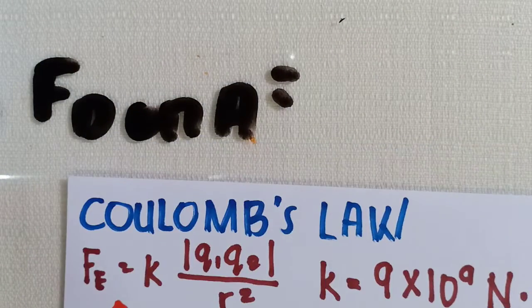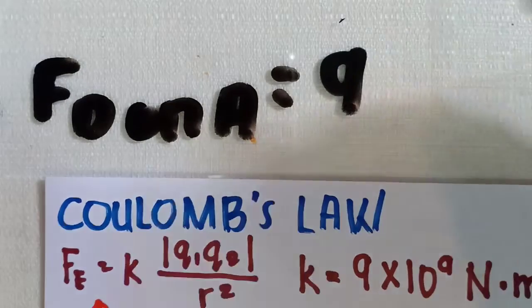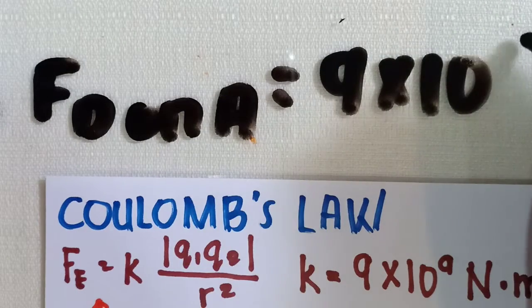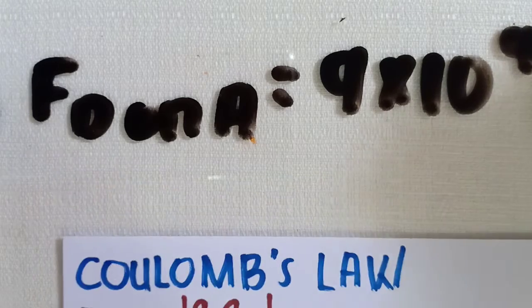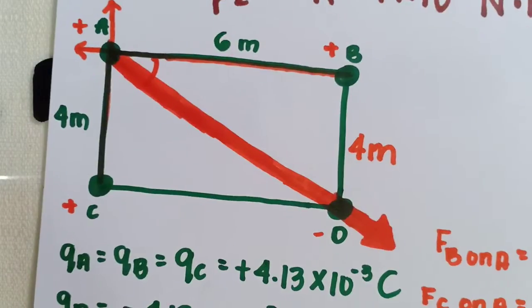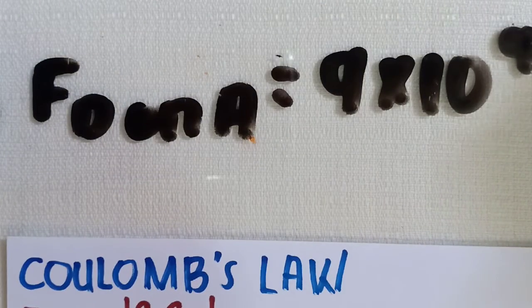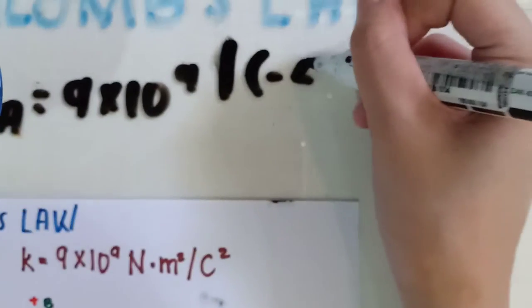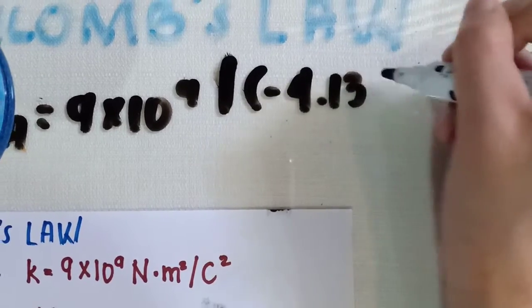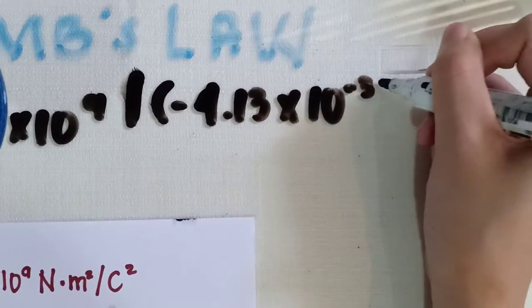Now let's try solving for force of D on A. So, back. FD on A is equal to K. K is 9 times 10 to the power of 9. Then, their charges. So, D is negative 4.13. Absolute. Negative 4.13 times 10 to the power of negative 3.